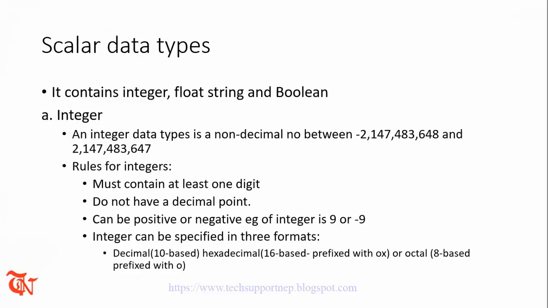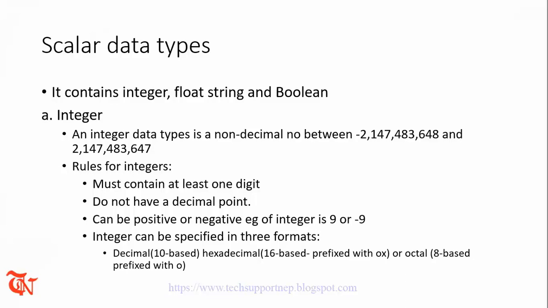Now let's go to the scalar data types. It contains integer, float, string, and boolean. Now the integer data type. An integer data type is a non-decimal number between -2147483648 and 2147483647.